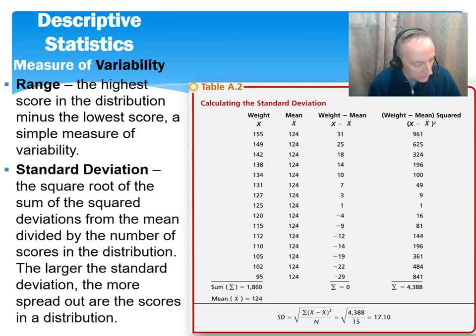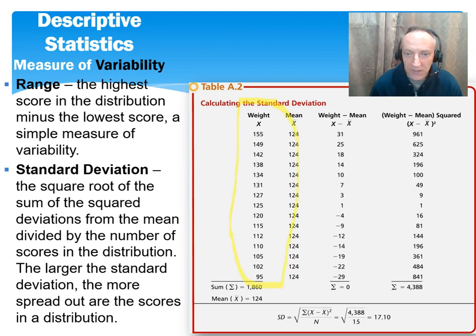A more standardized way of talking about variability is to calculate the SD, or the standard deviation. Again, not something you need to know how to do right now, but something conceptually you need to know about and what it means. So for example, we gathered information on weights of these individuals.